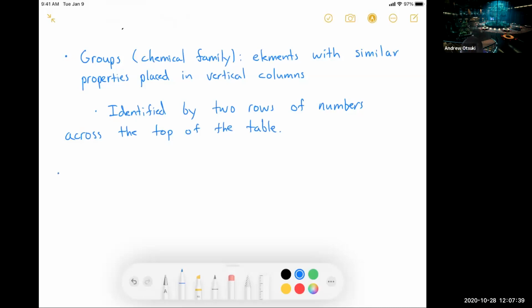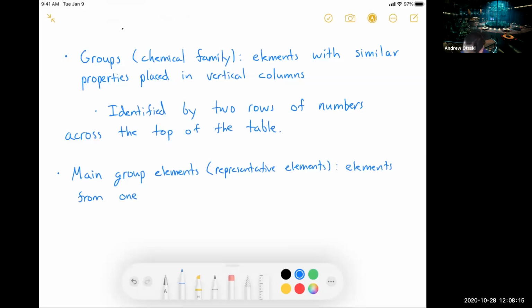So main group elements. Let's talk about what those are and where to find them. They are the representative elements in the periodic table. They are elements from one of the A groups.